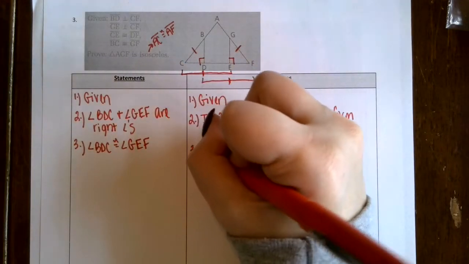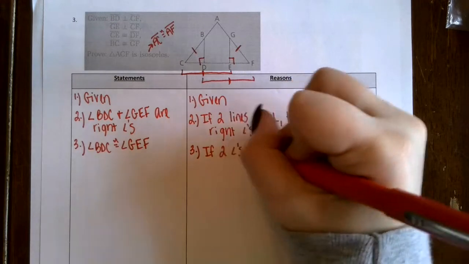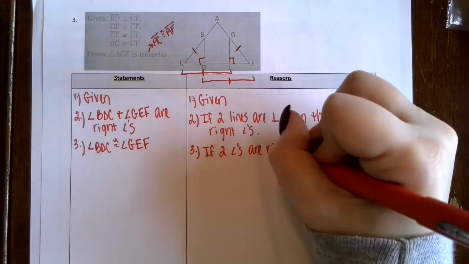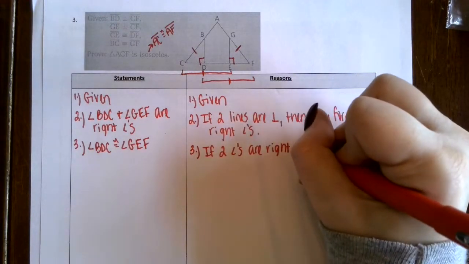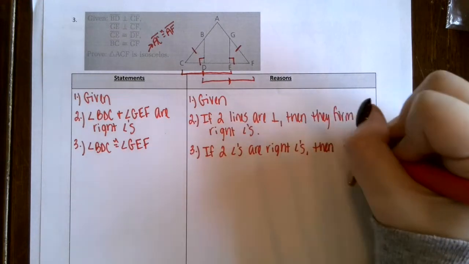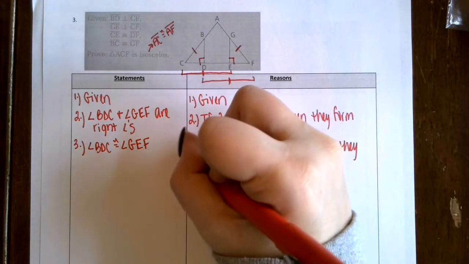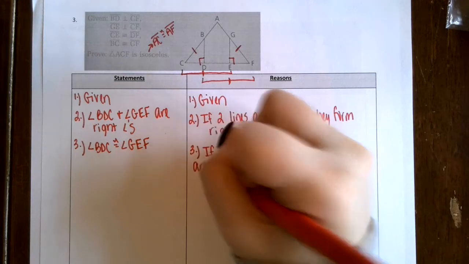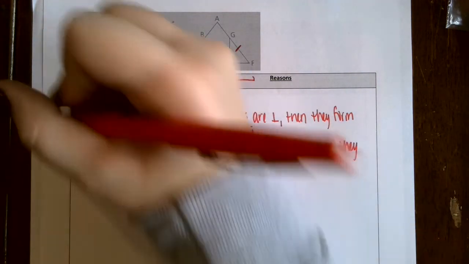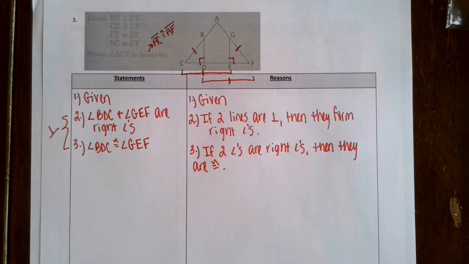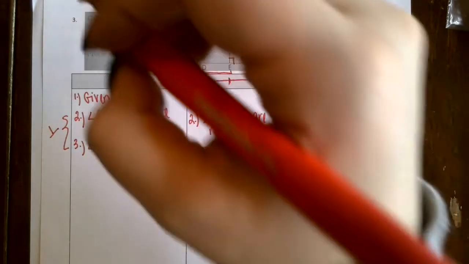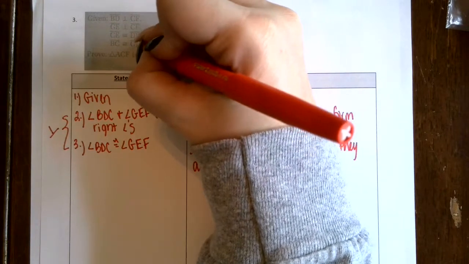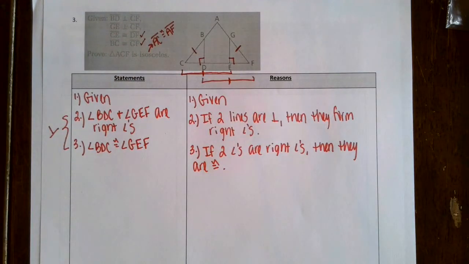If two angles are right angles, then they are congruent. These two steps will always happen if you have perpendicular lines. So right angles, and then tell me that those angles are congruent. Okay, these two lengths being equal, those we don't need to say anything else about.